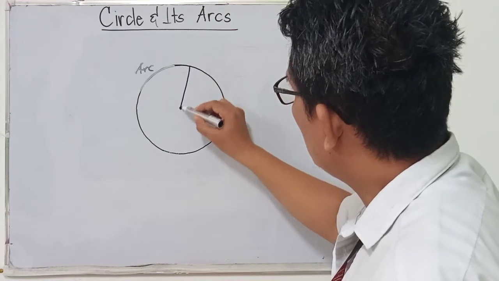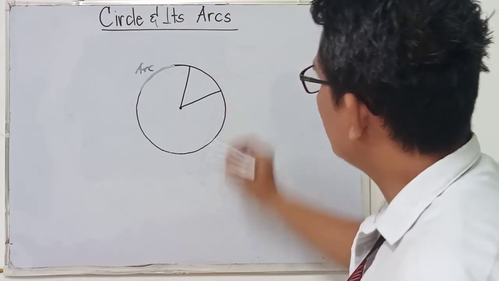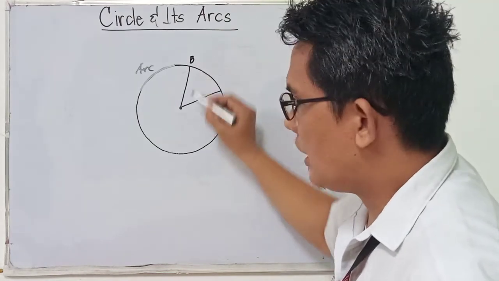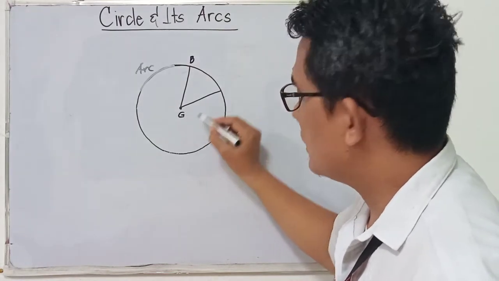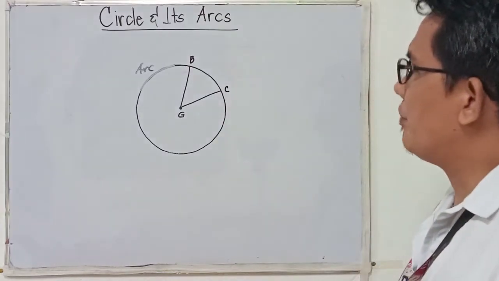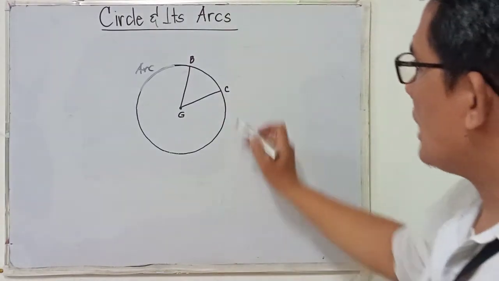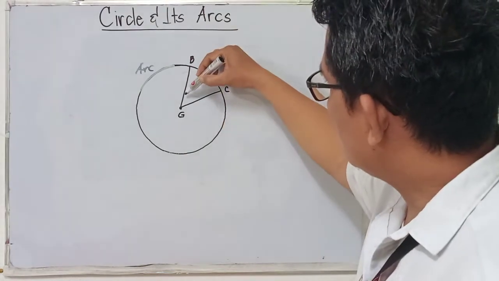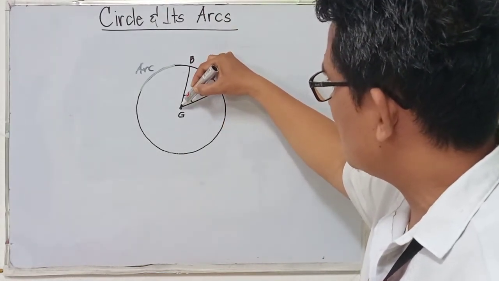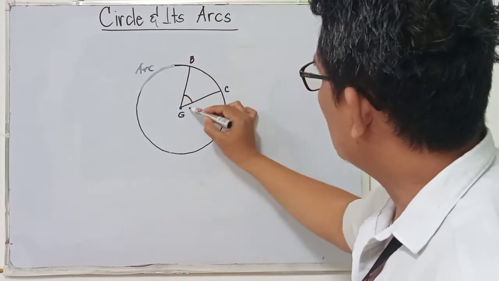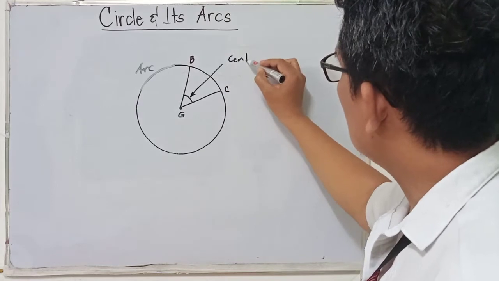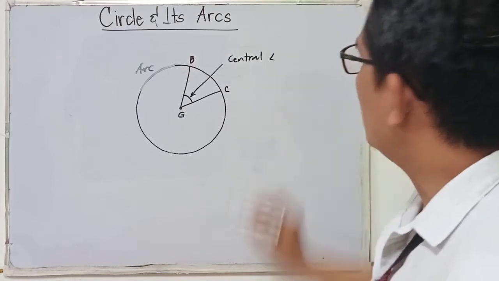If we name the points B and C, with the center G, we have angle BGC. The angle formed here, in which the vertex is at the center of the circle, is called the central angle.